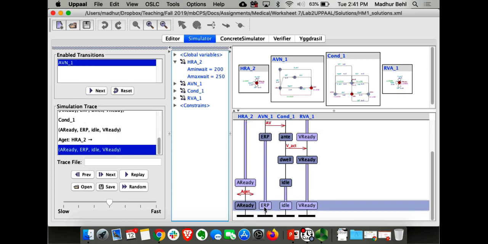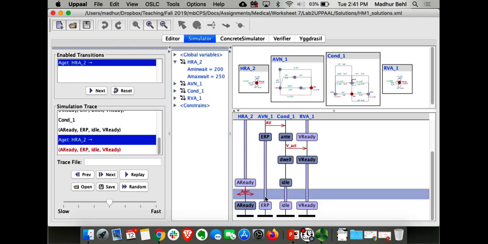Since AV was in ERP, this next A get, or this next depolarization, is not received. Once again, the trace view of Uppaal makes it super easy to see why it wasn't received. You can see that you are issuing A get because of this tachycardia, or fast depolarization, in the high right atrium, but it is getting ignored because the AV node was in its ERP.